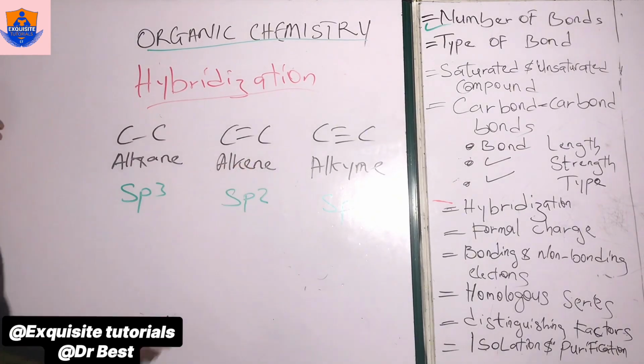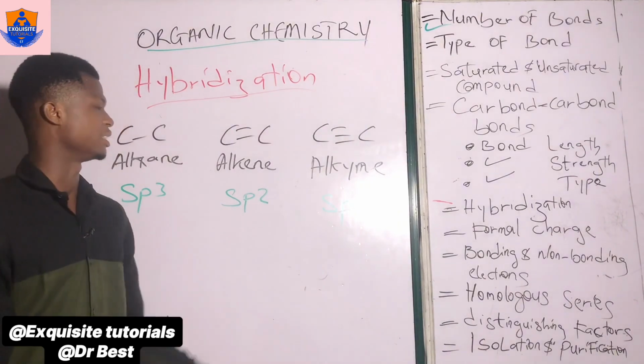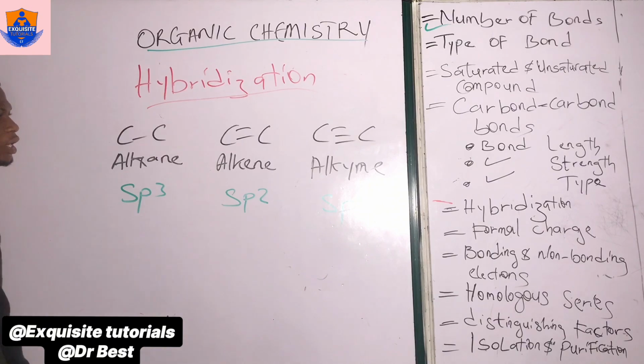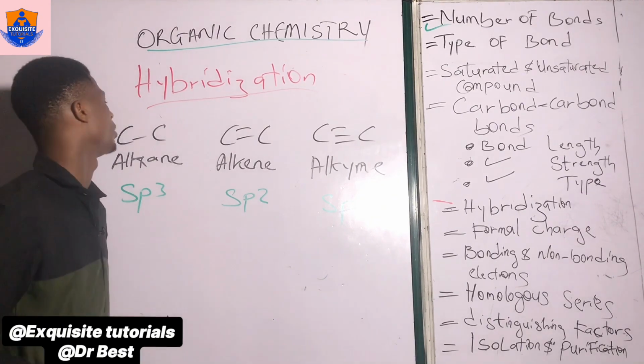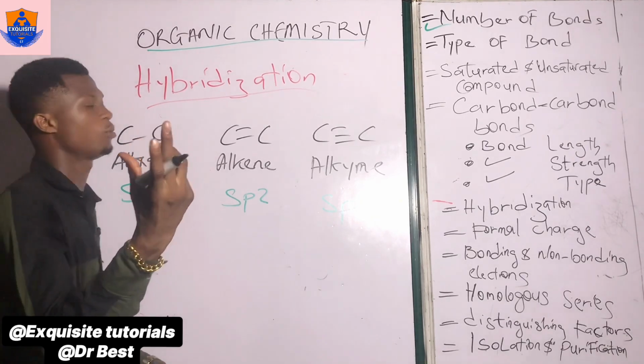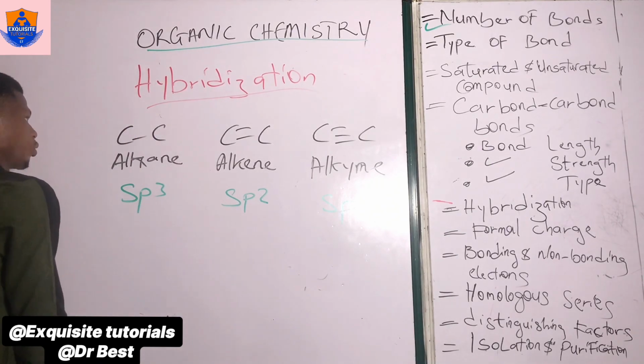Now, how do we determine the number of hybrid orbitals or the hybridization of this element? When we're talking about hybridization, one thing that I want you to understand is that hybridization talks about the number of atoms. You can get the hybridization by the number of atoms that is bonded to that particular element.